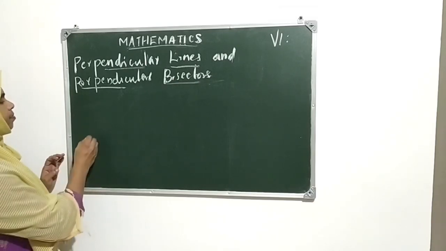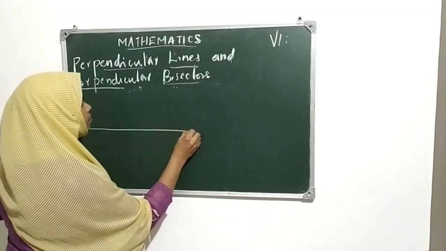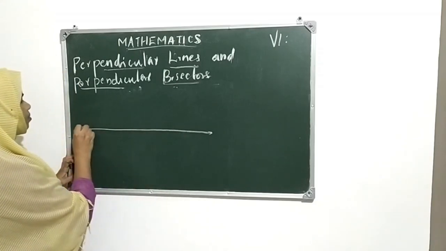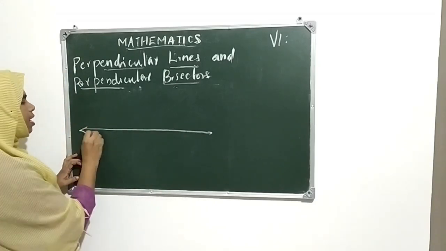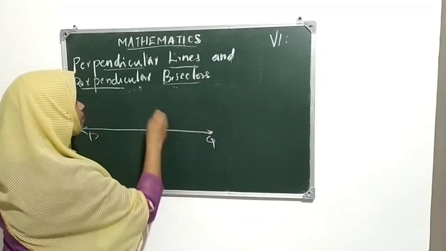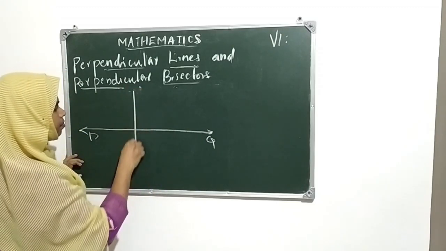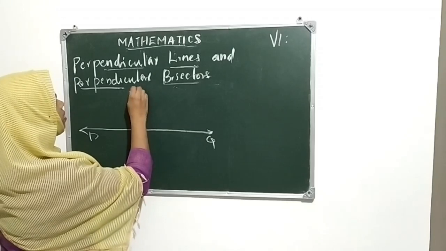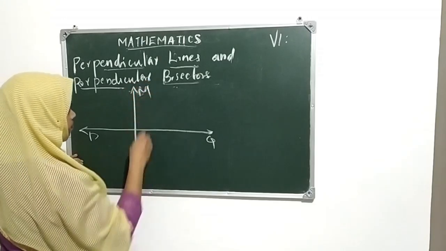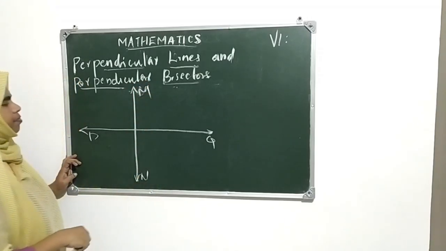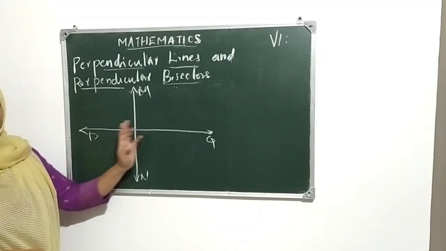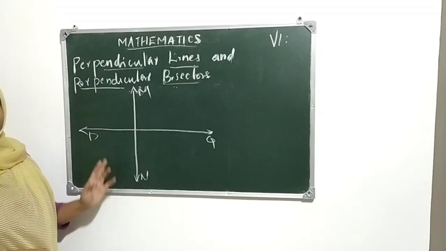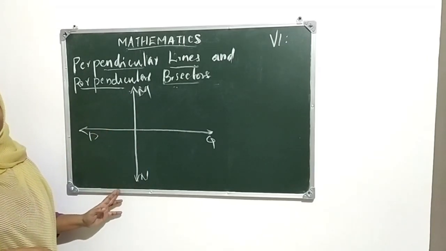See here. This is line PQ. This is line MN. Line PQ and MN are intersecting lines.